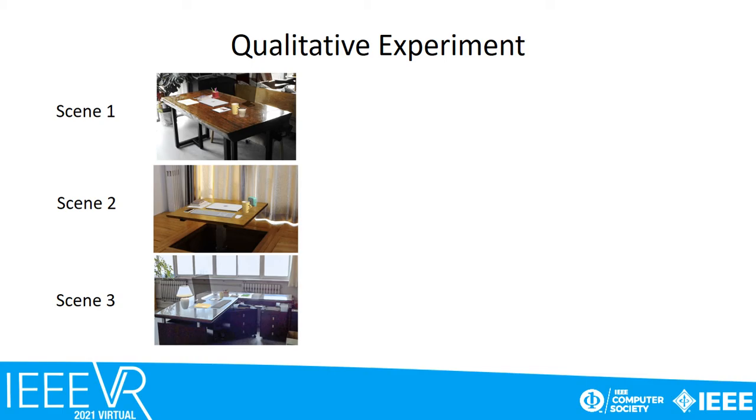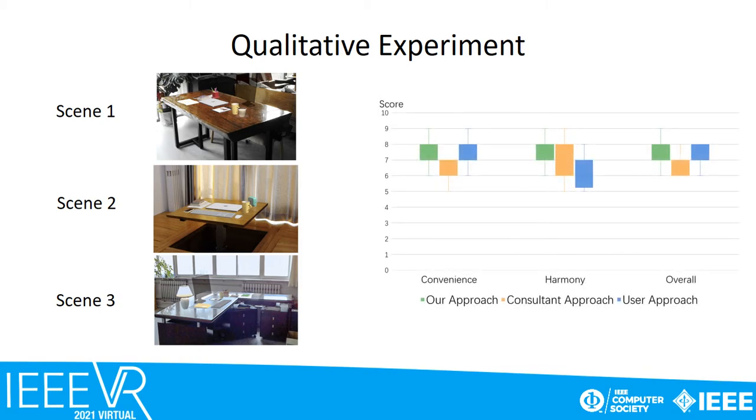They scored each result in convenience, harmony, and overall. From this figure, our approach is as good as the consultant approach in harmony, which shows that the spatial layout costs in our approach work. And our approach did not have a statistically significant difference from the user approach in convenience. It shows that our approach can understand human behavior and learn their habitual behavior.